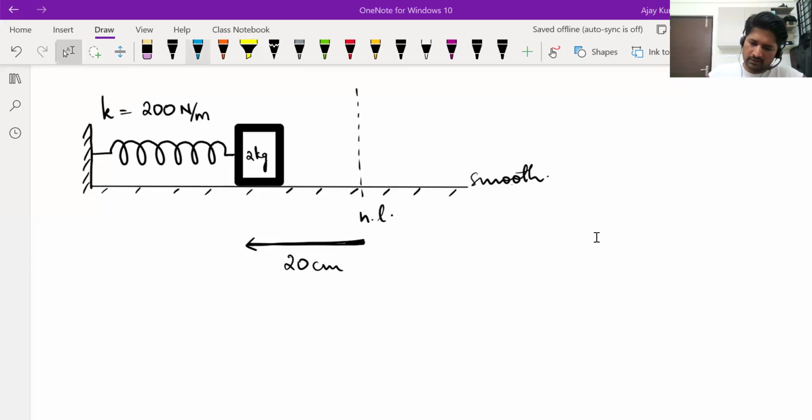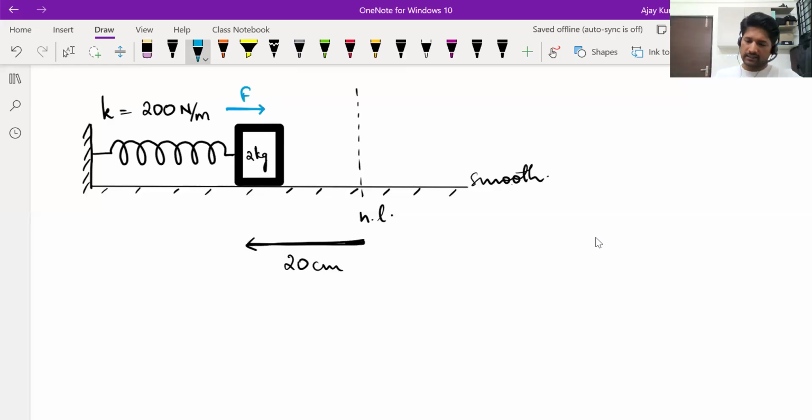It pushes. So the spring will exert a force on the block this way. As a result, the block will start moving forward. And till the spring returns to its natural length, it will keep on pushing. So throughout the displacement, the spring will exert a force on the block.